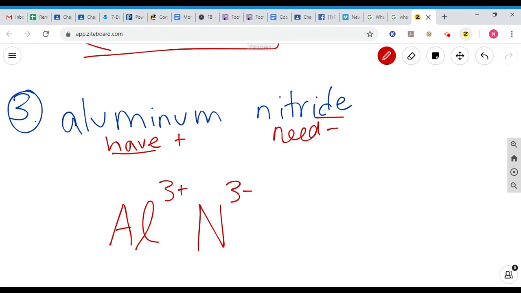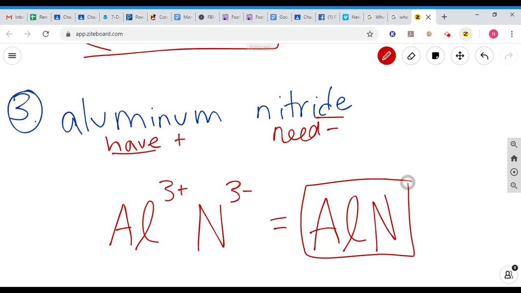It needs 3 more valence electrons. Our charges are the same, so we just drop the charges and we write the symbols together. I think some of you might pick up on this pretty quickly. So I'm going to give you a few examples to try on your own, and they will be the first things that are checked tomorrow.